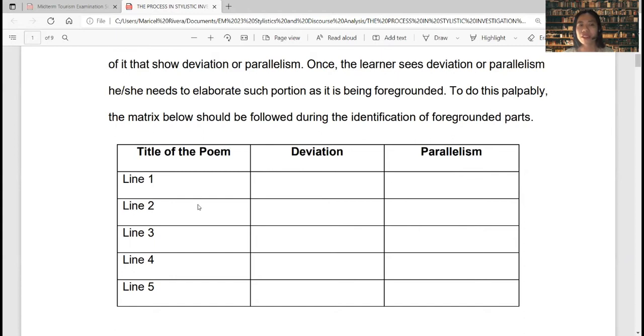But it doesn't mean, class, that you are only going to consider line 2 when you analyze or pick the foregrounded part, because especially in parallelism, when we say repetition, it could be that a particular word or phrase is found in line 1 and then it is repeated in line 2, depending on what place it is being repeated.